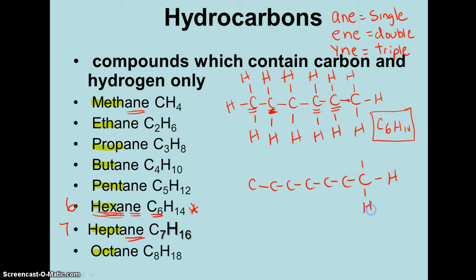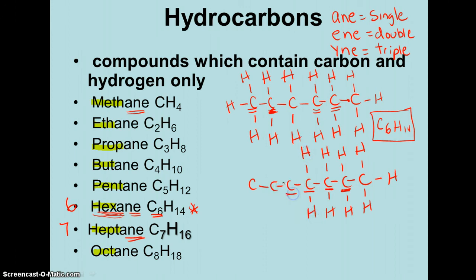I will fill it in with hydrogens. This carbon has 2, so I can add 2 more to give me 4. This carbon has 2, so I'm going to add 2 more to give me 4. This carbon, again 2. Going to add my hydrogens to give me 4.